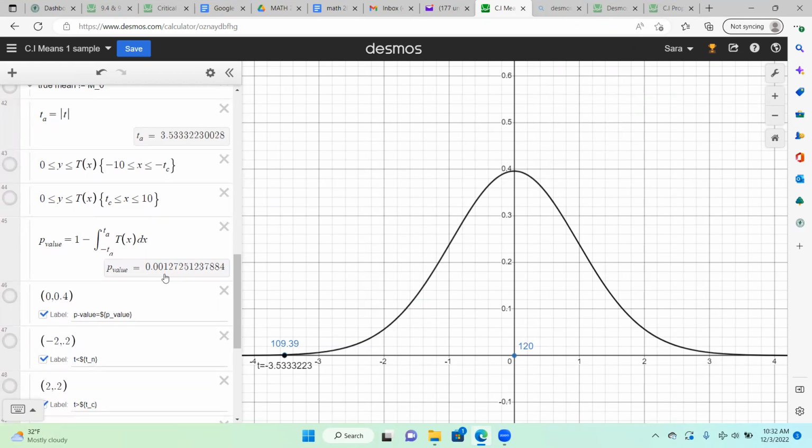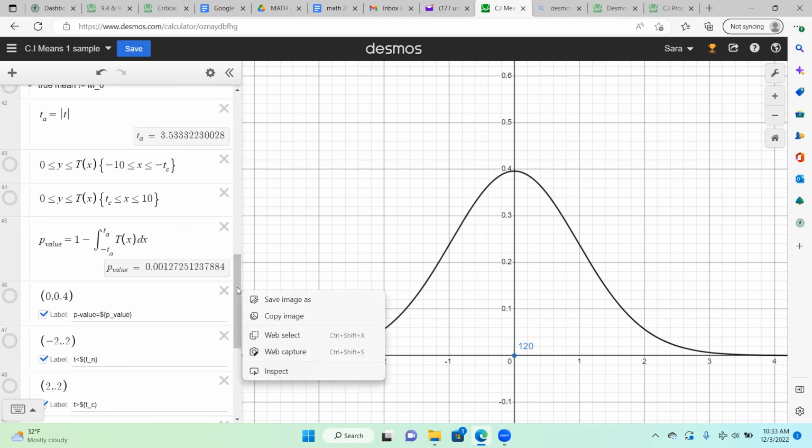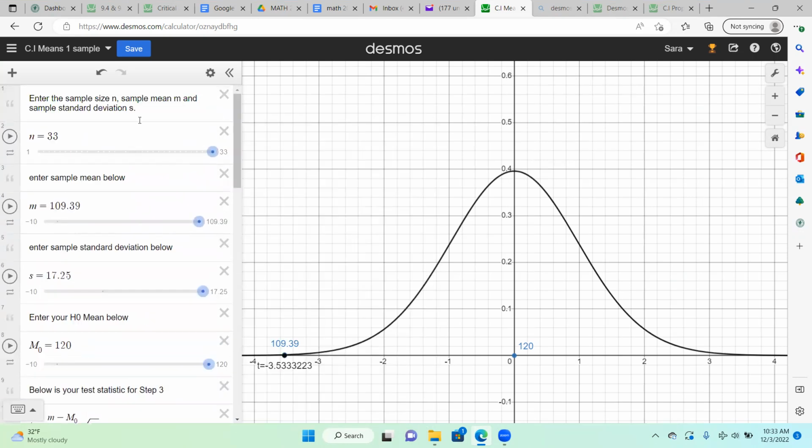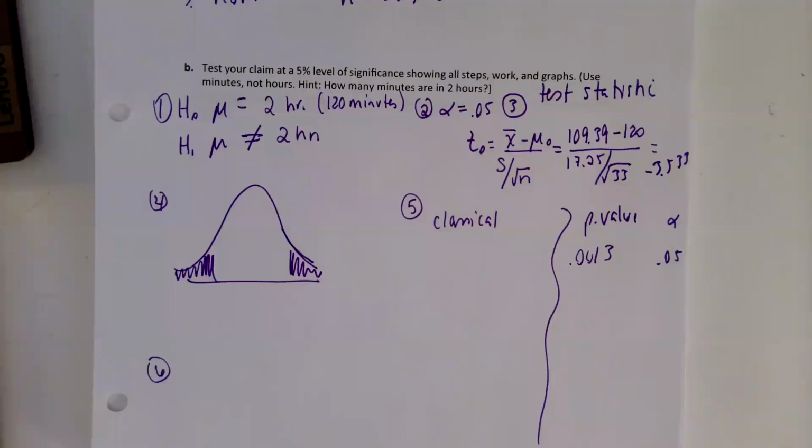So again, I'm using the Desmos link that says confidence intervals on hypothesis testing for one sample mean. And this is what we're entering into that Desmos link.